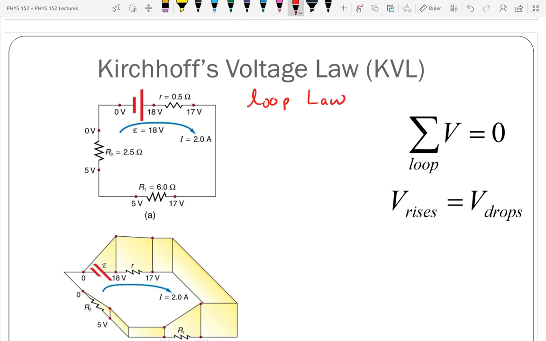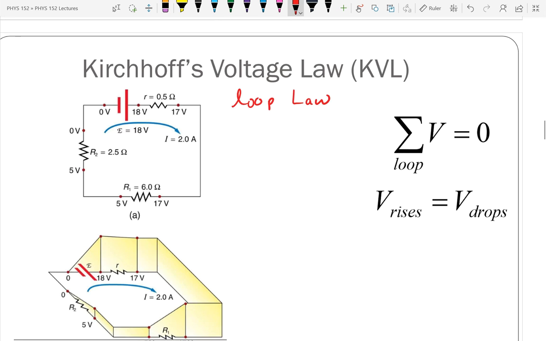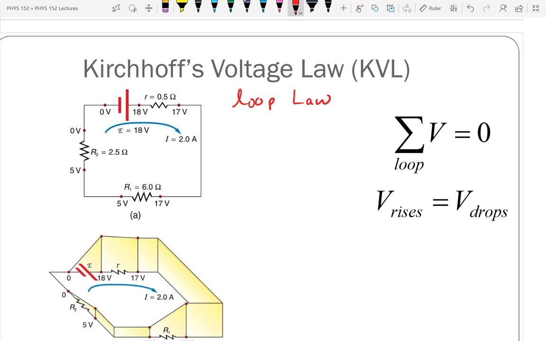So you go all the way around a circuit and you're going to end at the same voltage you started with, which can be written mathematically as the sum of the voltage changes as you go through a loop is equal to 0, or the sum of the voltage rises is equal to the sum of the voltage drops. So just like with Kirchhoff's current law, there's two ways you commonly see it.